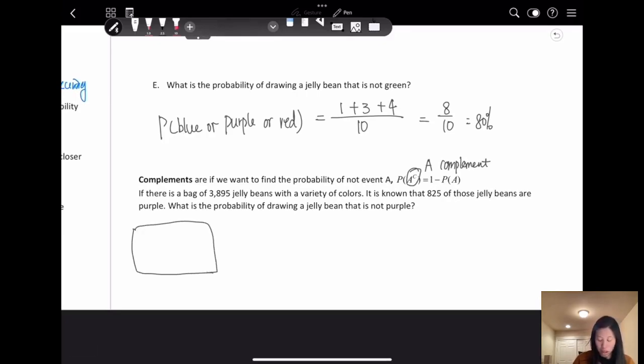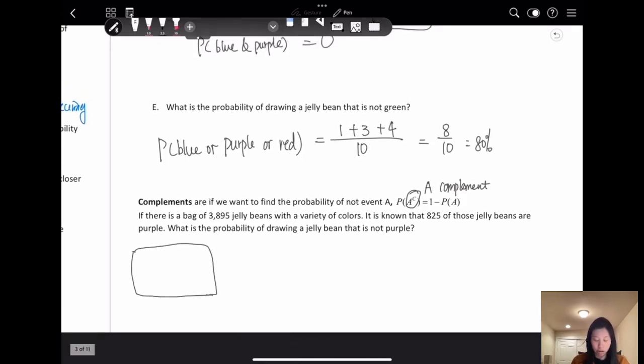Let me draw a graph, then you will understand what that means. Let's go back to our question E. We're drawing a jelly bean that's not green. So think about it: this means the green jelly beans, and this means the total amount of jelly beans, including red, purple, and blue.